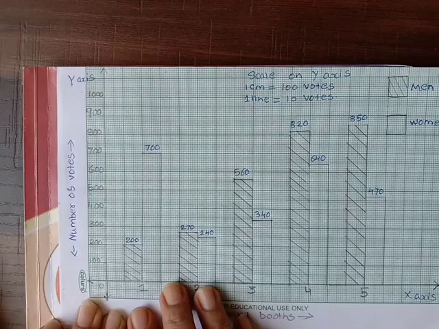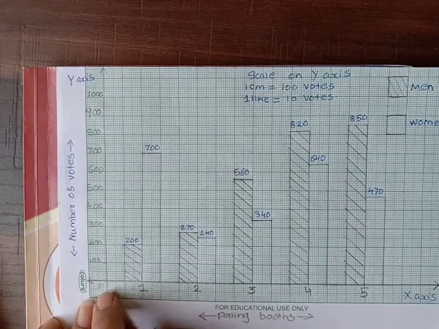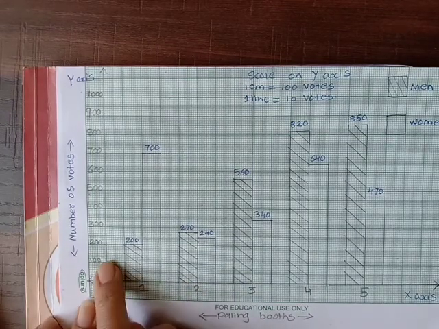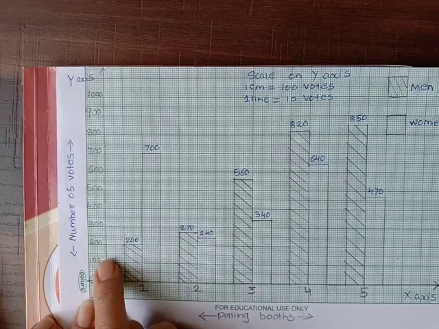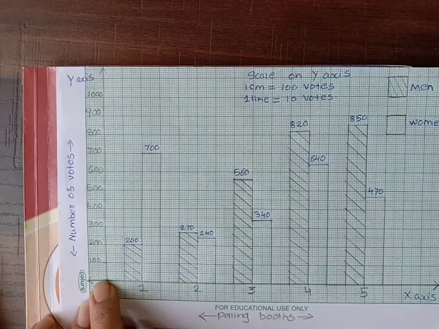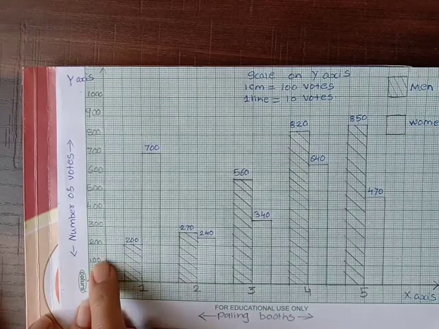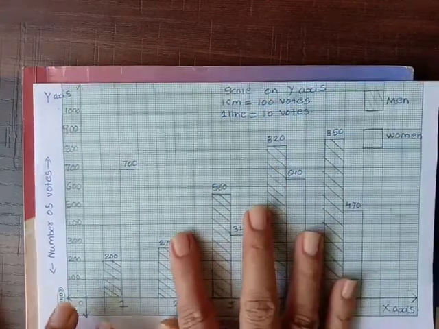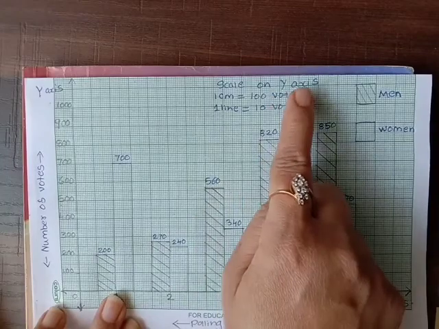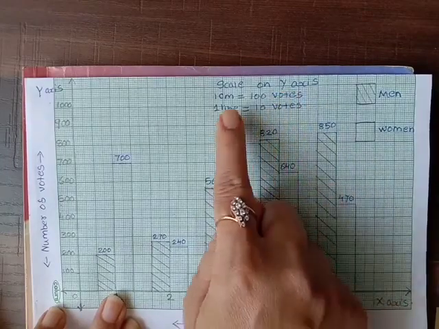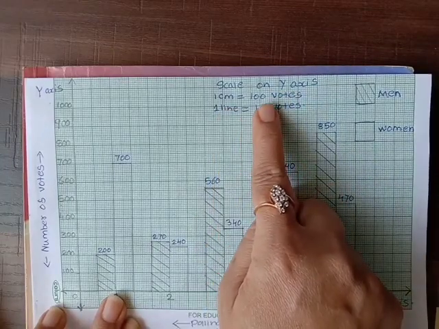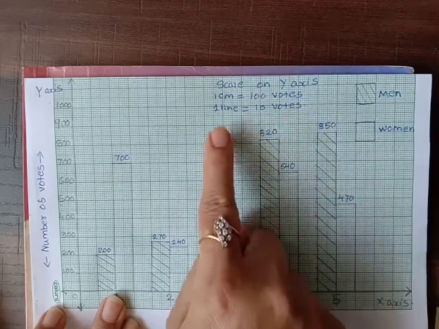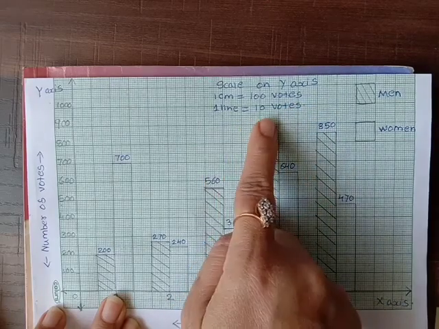The second important thing is, 1 centimeter has 100 votes and there are 10 lines. So 1 line corresponds to 10 votes, or 1 centimeter corresponds to 100 votes. That is the scale we have chosen. What I have written, scale on y-axis, this is very important: 1 centimeter corresponds to 100 votes or 1 line corresponds to 10 votes.